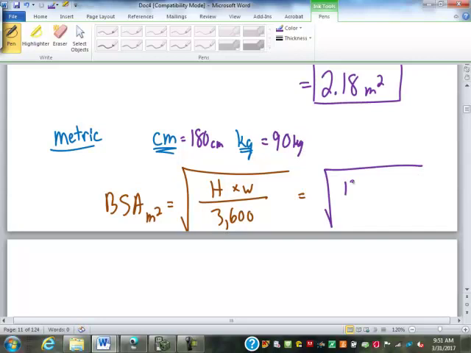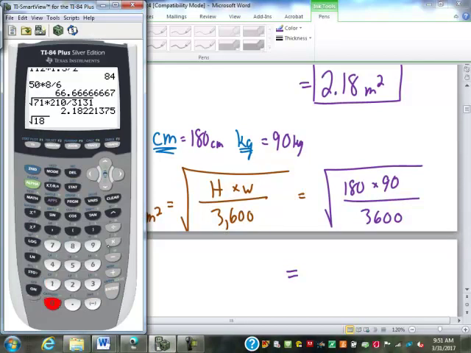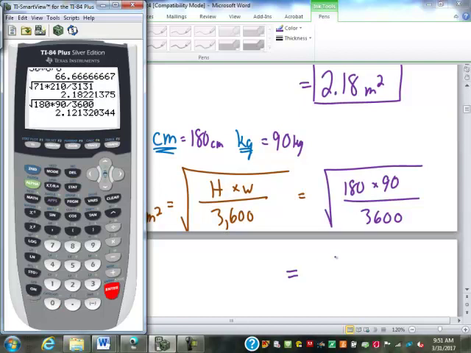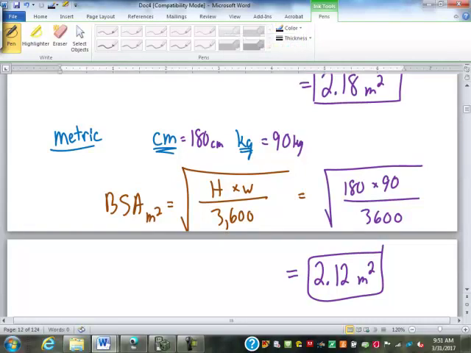Their body surface area will be 180 times 90 divided by 3,600. So square root of 180 times 90 divided by 3,600 is 2.12 meters squared. Does that make sense? It's just a matter of having those formulas.